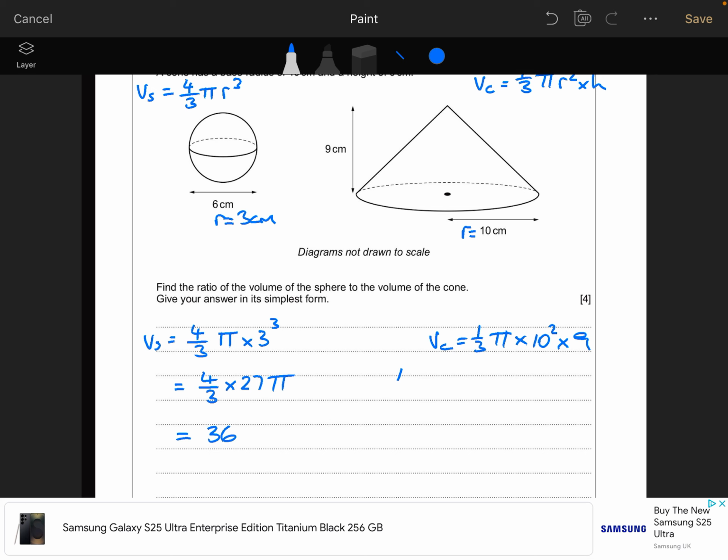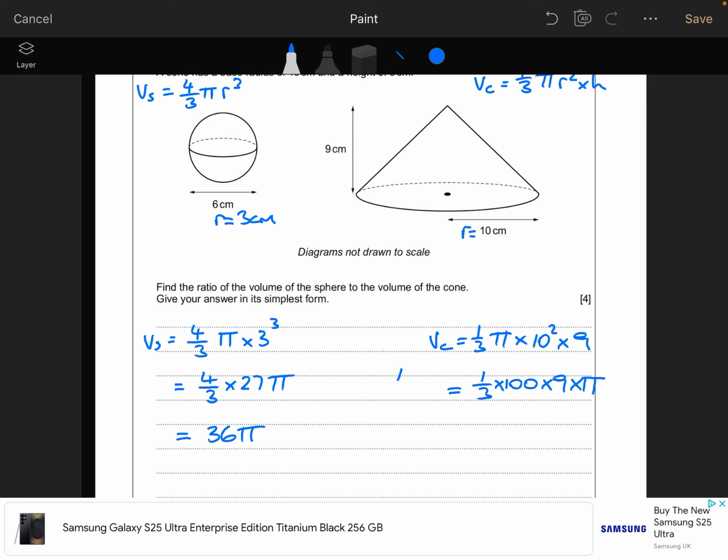So I've got 36 pi on this side, and this one will simplify to, well, we've got 1/3 times 10 squared, which is 100, times by 9 times by pi.